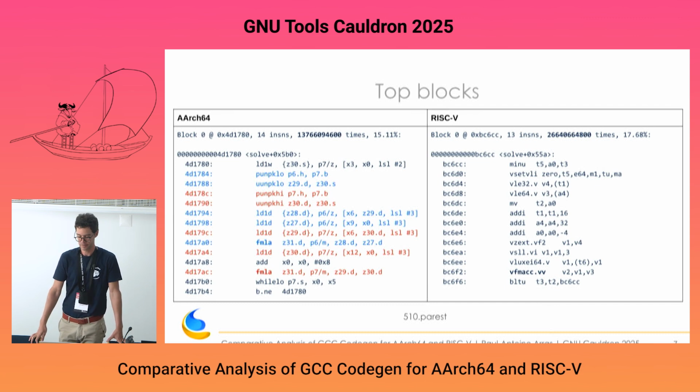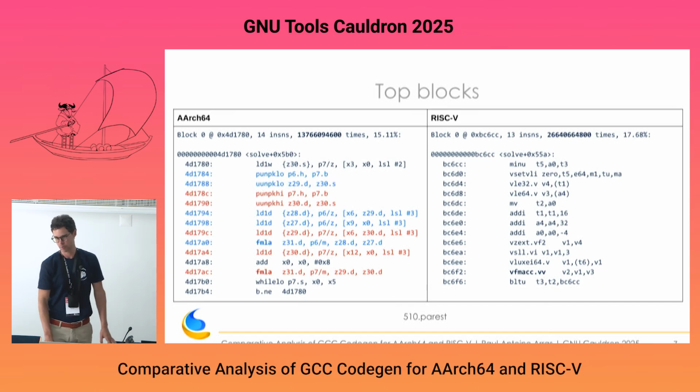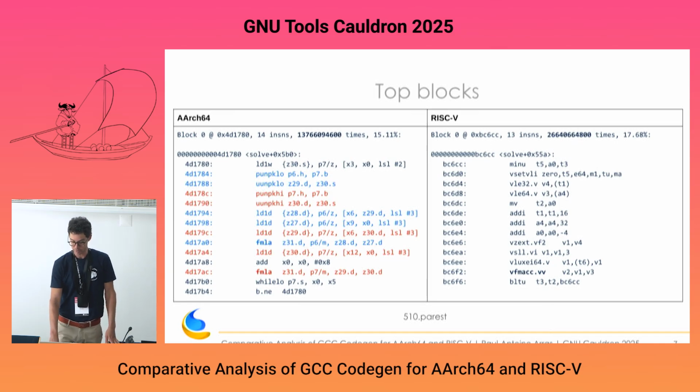AArch64 unrolls the loop, so I put two colors, blue and red, to show the instructions that are from one or the other iteration. In this case, there is not much that can be done, but it's just to show you what we can see just from looking at those top block reports.